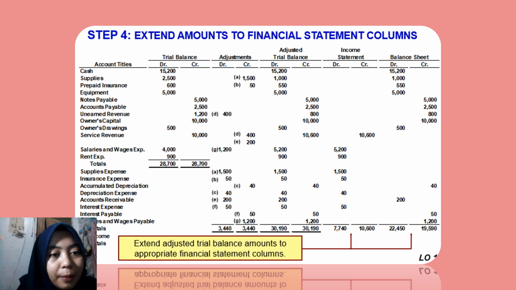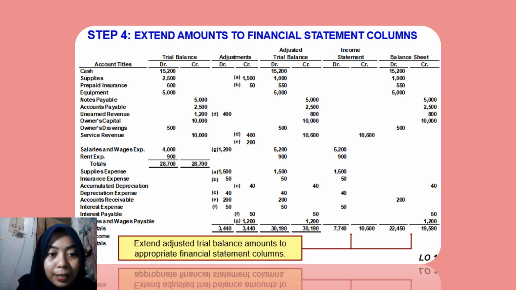For the liabilities, there are notes payable, accounts payable, interest payable, salaries and wages payable, and for the equity, owner's capital and owner's drawings.